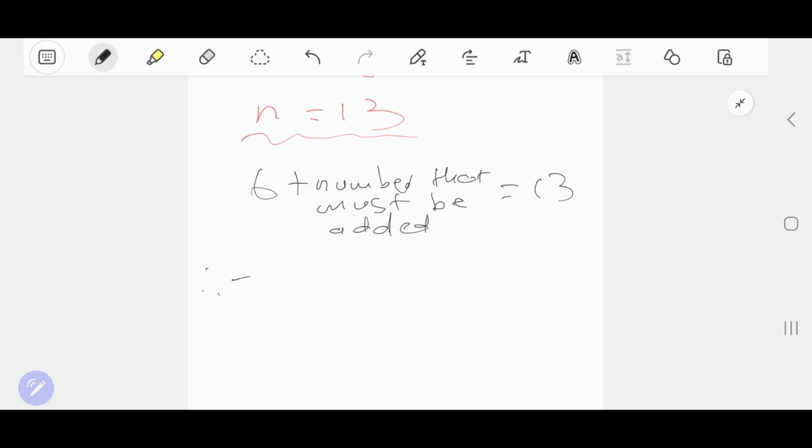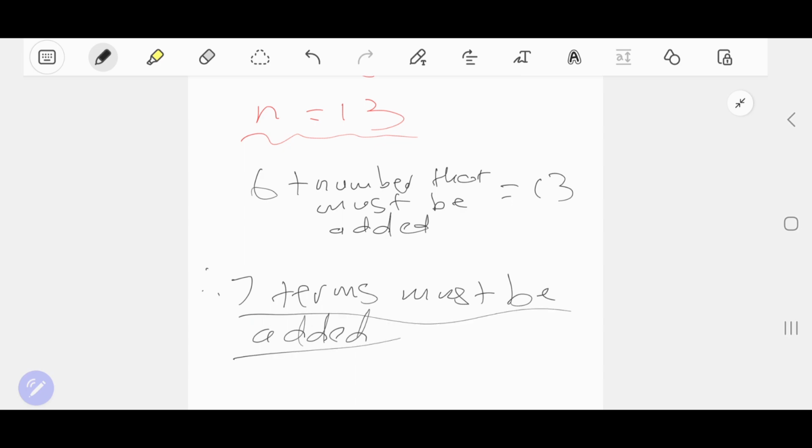So this means 7 terms must be added. Can you see that? So 7 terms must be added, people. So that's what the question requires from us, people. So this is the answer for this question, people.